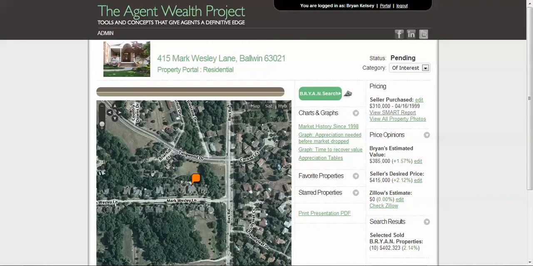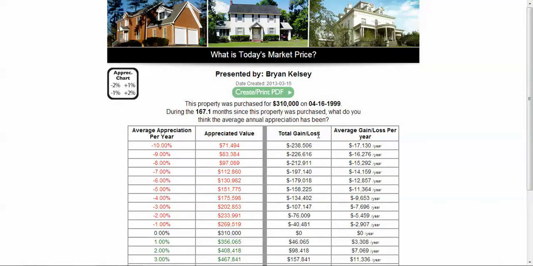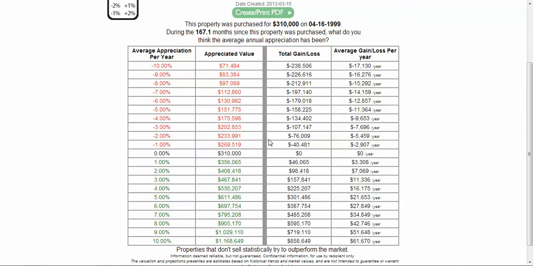Let's get back to the table. You can see they've owned it for 167.1 months. And here's a question we want to ask the homeowner. Mr. and Mrs. Seller, I have a question for you. You paid $310,000. You bought it 167.1 months ago.